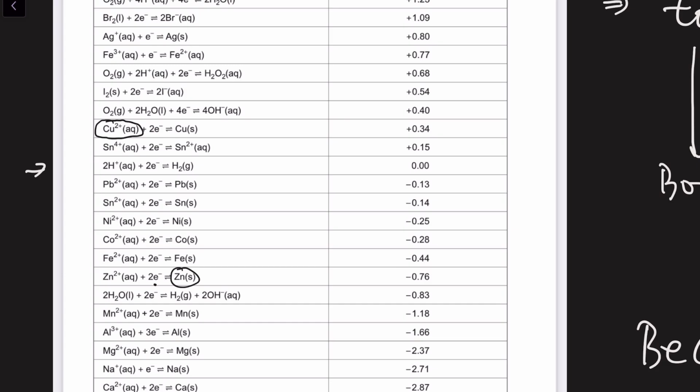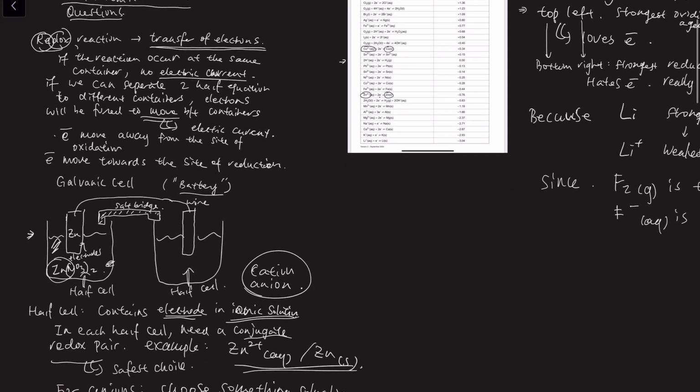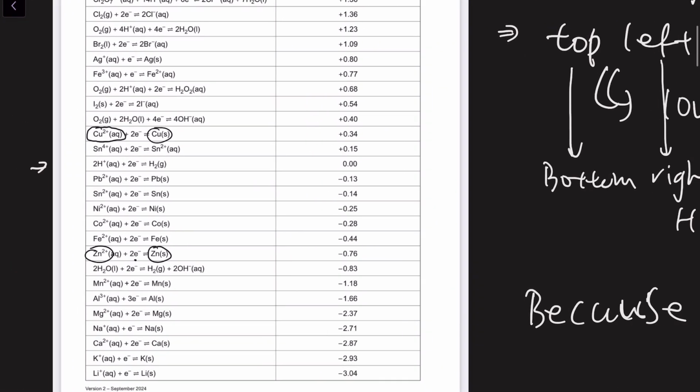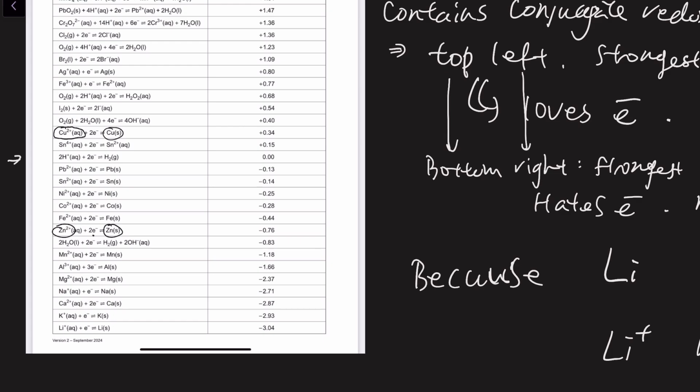And which way would the reaction go? Actually, you also have all the conjugate pairs in your galvanic cell as well. So we want to know which would be oxidized, which would be reduced.